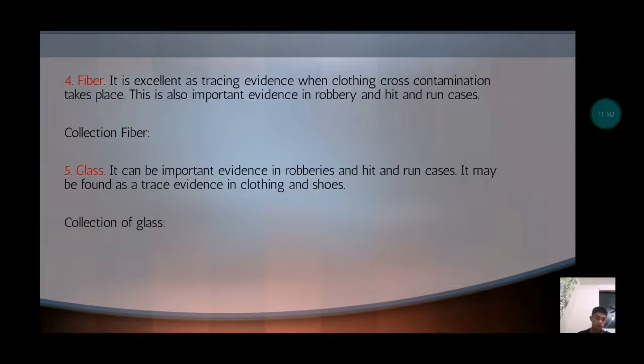Examination of fiber determines whether it is a natural or synthetic material, and the color and dye used. It may be a physical match if the fragment was torn from clothing. Threads may be examined to determine twist, number of strands, and clothing width.